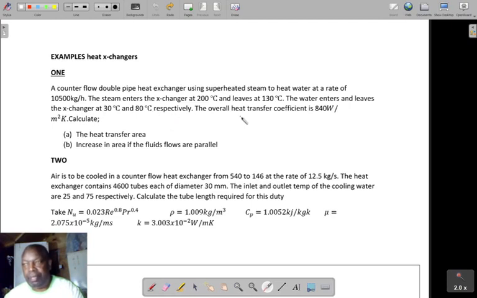You've been given the overall heat transfer coefficient as 840 watts per meter squared Kelvin. It is required of us to A, calculate the heat transfer area, and B, to calculate the increase in area if now the fluids' flow were parallel.